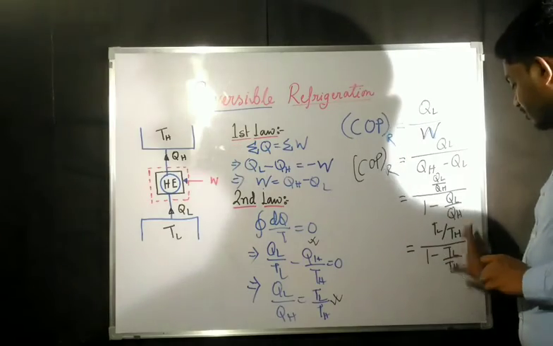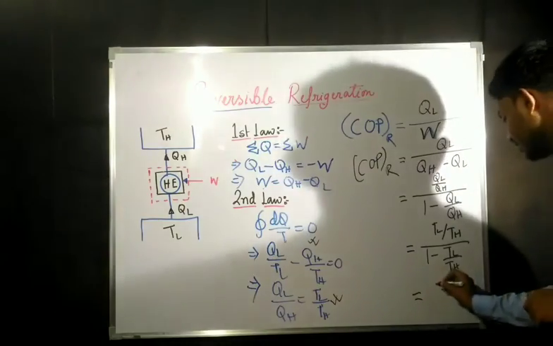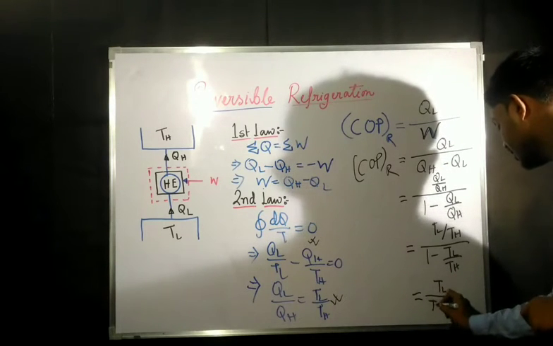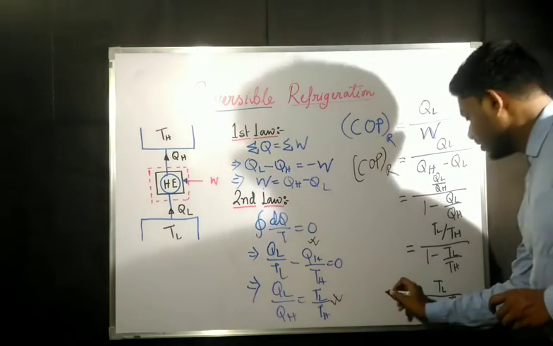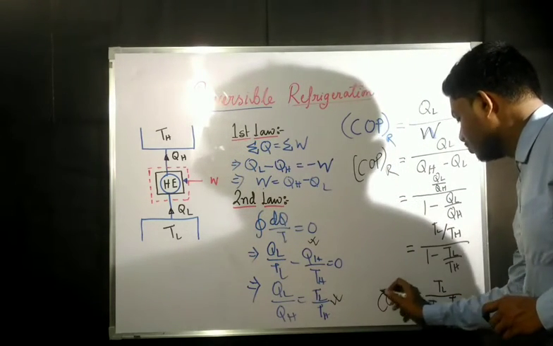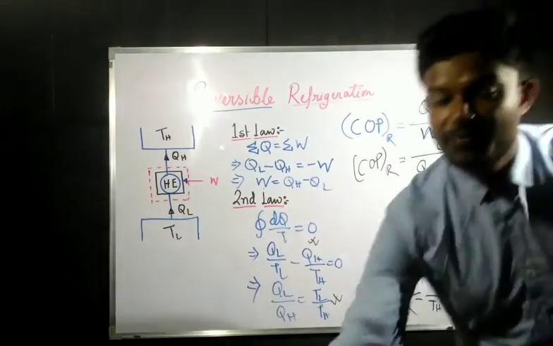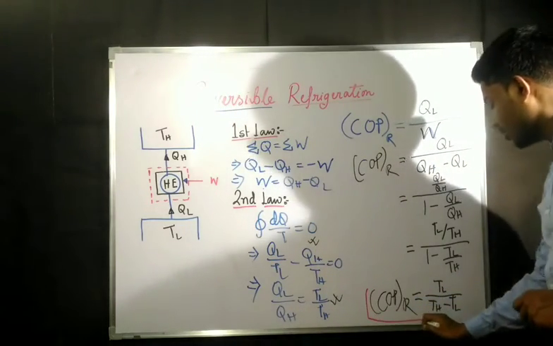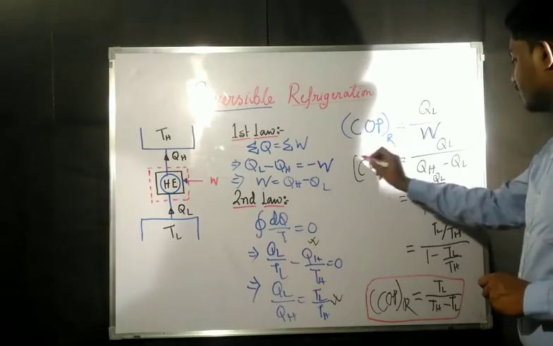If you simplify this expression, you will get TL divided by TH minus TL. This would be the COP of the reversible refrigerator.